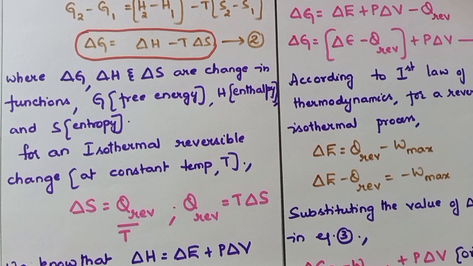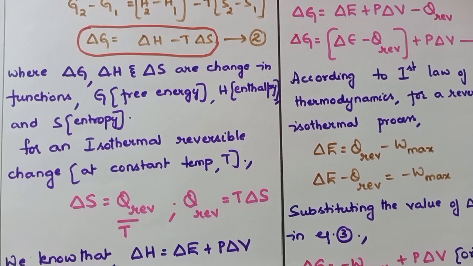So, delta H value, delta E plus P delta V. Next, T delta S value we have Q reversible.